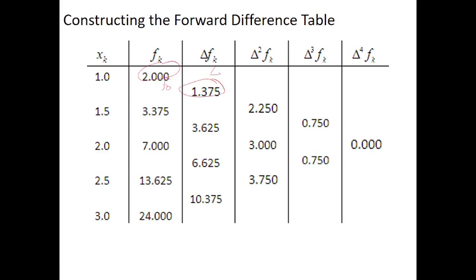This is delta f sub 0, delta squared f sub 0, delta cubed f sub 0, delta to the fourth f sub 0. So we will use all of those.